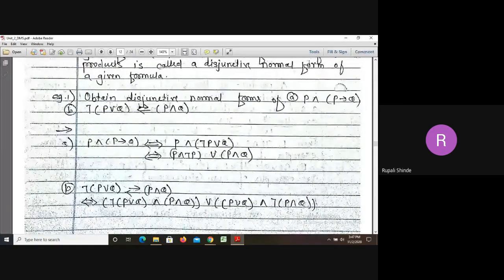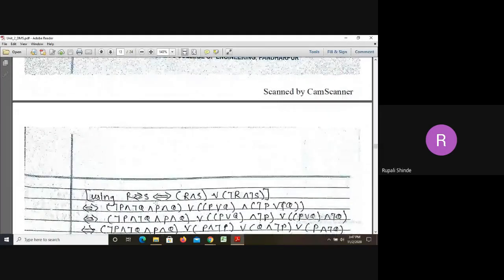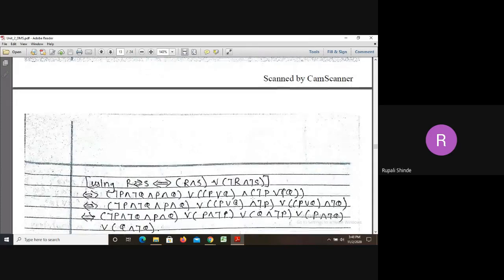Now the second one is given as negation of (P or Q) biconditional (P and Q). For this we have to use the formula R biconditional S, which is equivalent to (R and S) or (negation R and negation S). They have given this in the question only, that's why we use this formula.